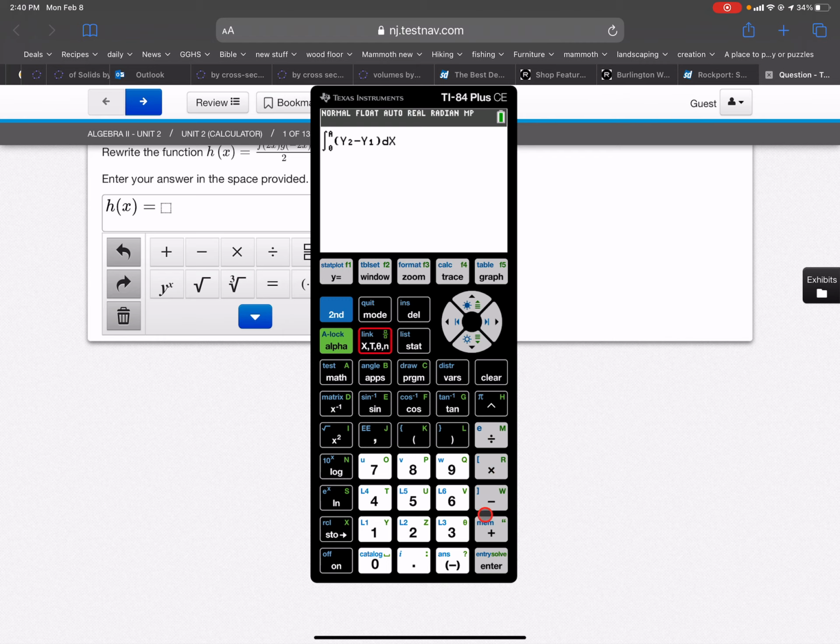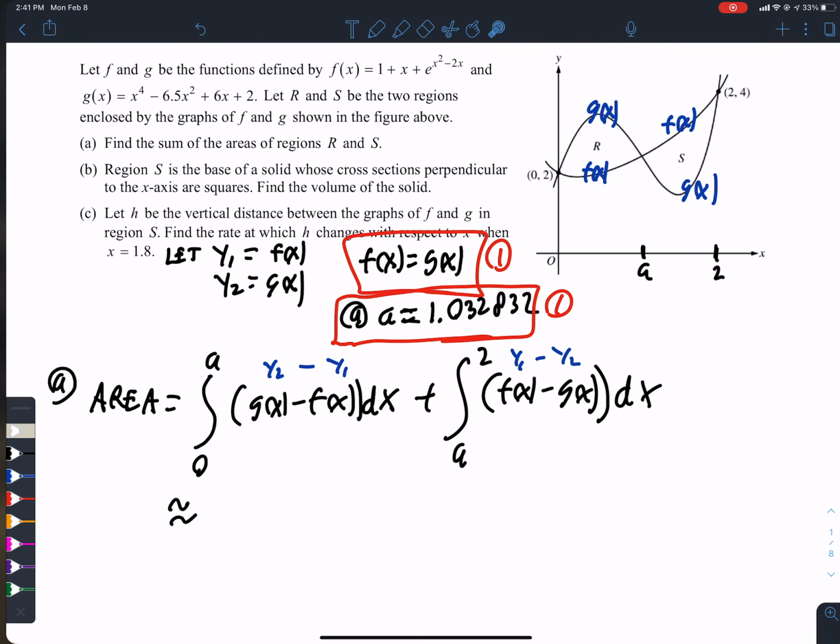And then I want to add the second region, which was A to 2. So math 9, I'm going to go from A all the way to 2. And this one was flipped. The y1 was bigger. So I'm going to go y1 minus y2 with respect to x. And I get the answer right there, 2.004.